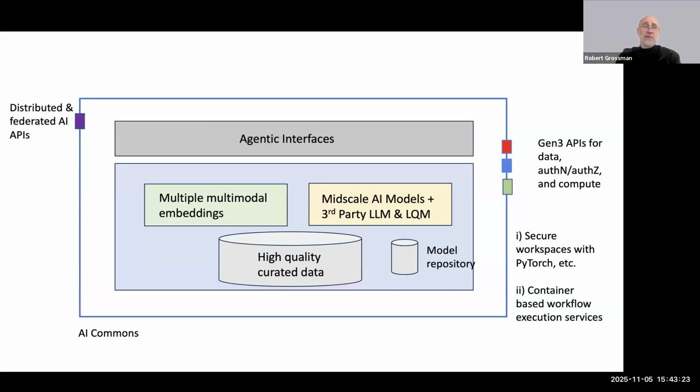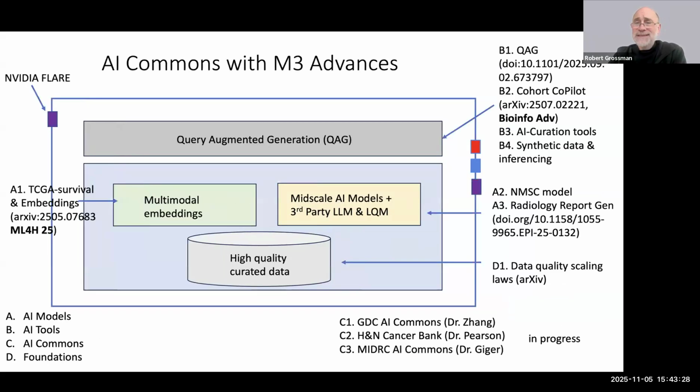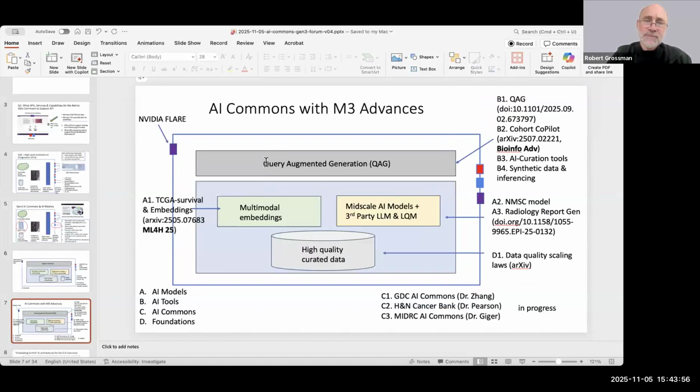So at a high level, this is the architecture. If you dive down a little more, I've put a number of arXiv papers in here that go into each of these. I'll go over just one of them, the TCGA survival. We have different agentic interfaces.